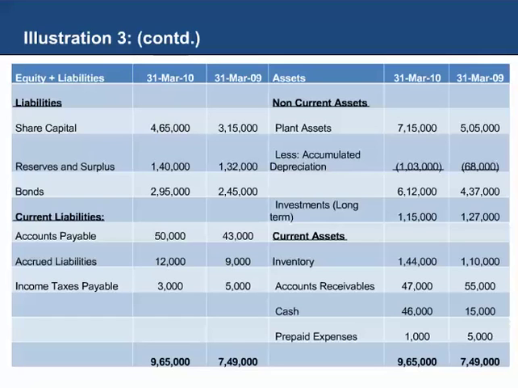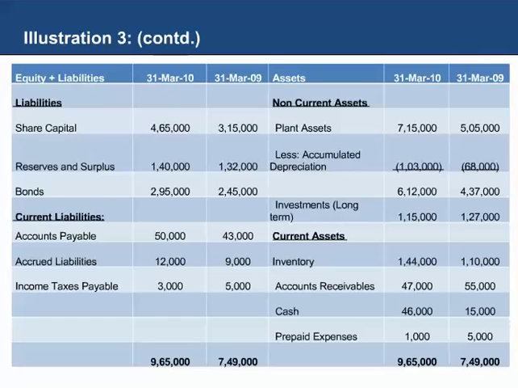Remember friends, in this example of income taxes payable, since the income tax provision is given in the question and there is no advance tax mentioned on the asset side, we will have to find out the adjusted cash payment figure, which will again be the opening balance plus the expense during the year less the closing balance.